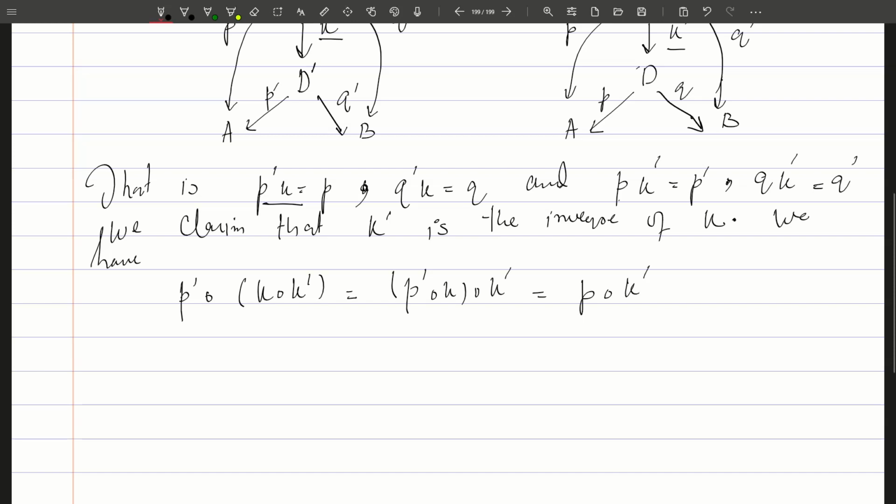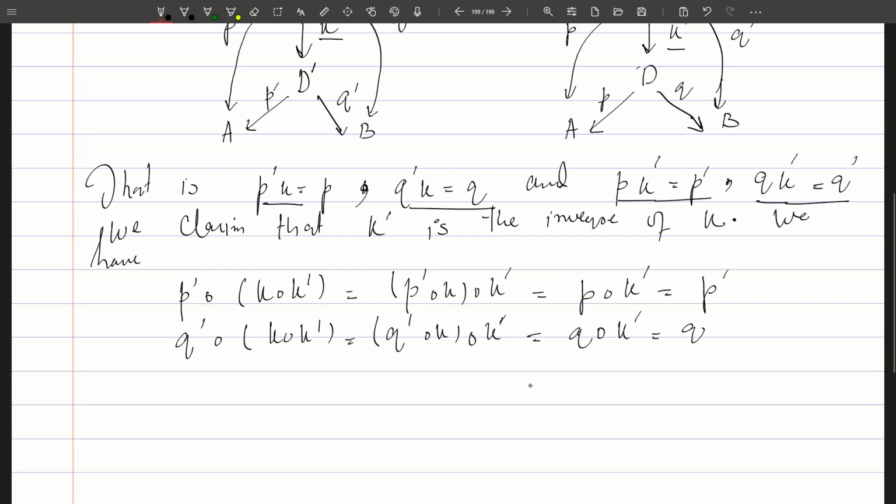Now P composite K prime is the map P prime. Similarly, Q prime composite with K composite K prime, we get the map Q prime composite K prime. Now Q prime composite K is the map Q here, so this is Q composite K prime. Now Q composite K prime is the map Q prime.